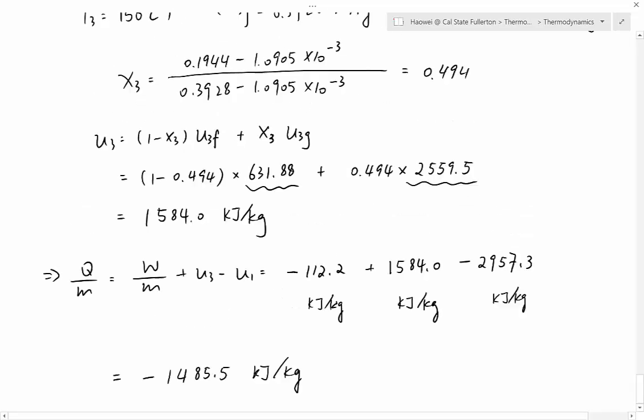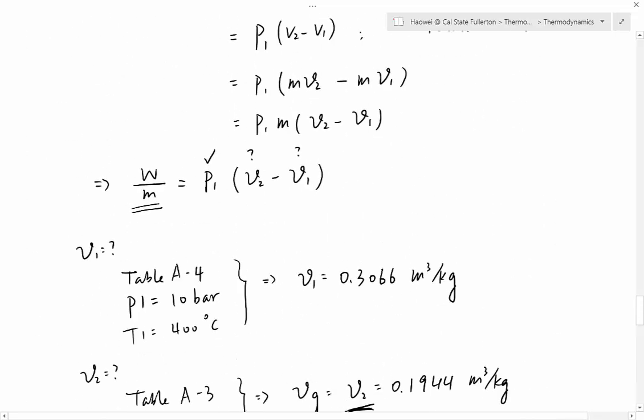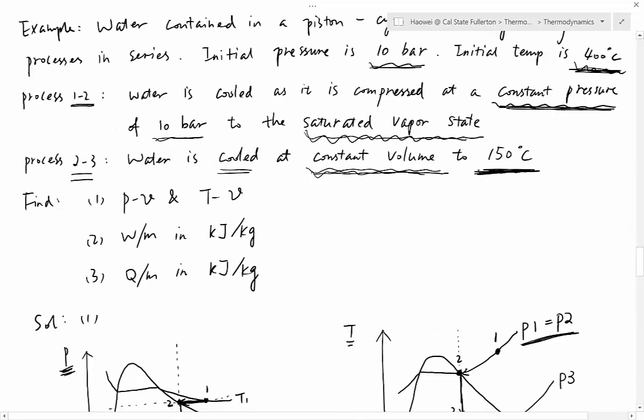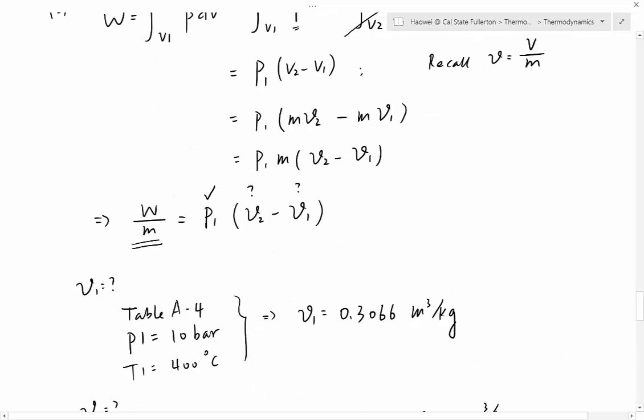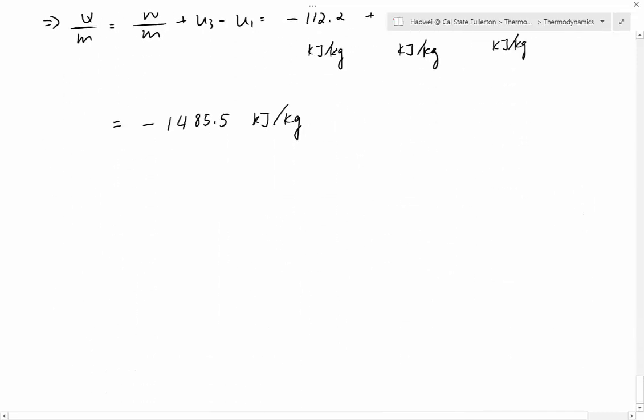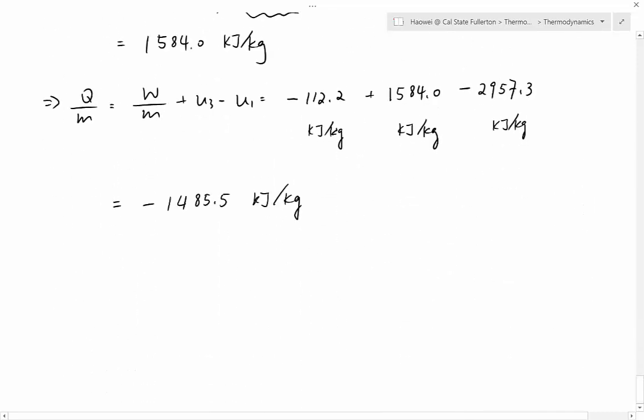Let's take a look. 1 to 2 is a cooling process, so it loses heat. 2 to 3 is also a cooling process, lose heat. So 1 to 2 and 2 to 3 are both cooling processes, so 1 to 3 must be a cooling process. You must lose heat, and if you lose heat, the heat transfer must be a negative number. So it makes sense for us to have a negative number as the solution to heat transfer.